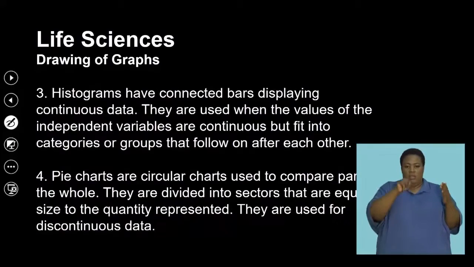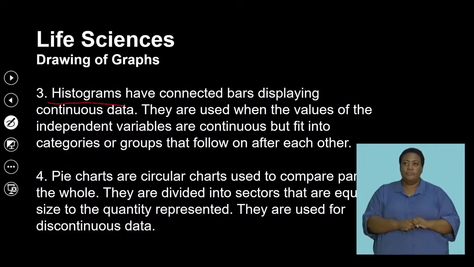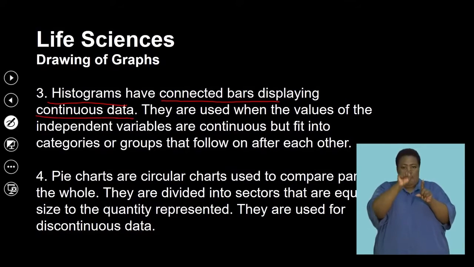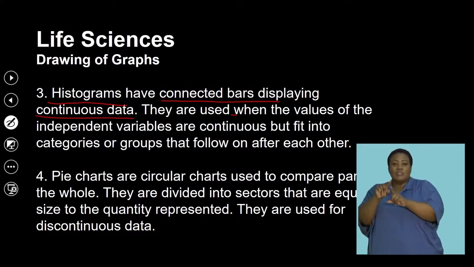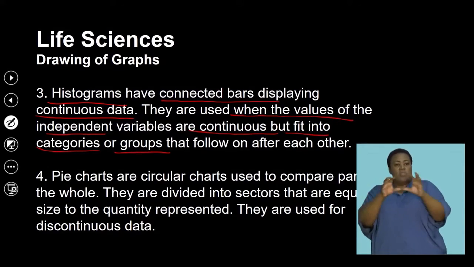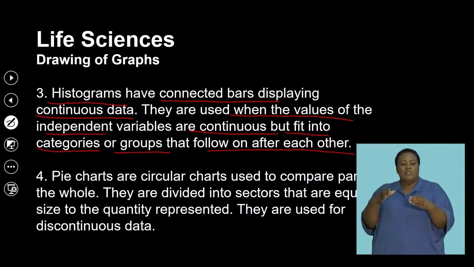Okay, cool. Histograms have connected bars displaying continuous data, meaning the information from one leads to the next group. They're used when the values of the independent variable are continuous but fit into categories or groups that follow on after each other.